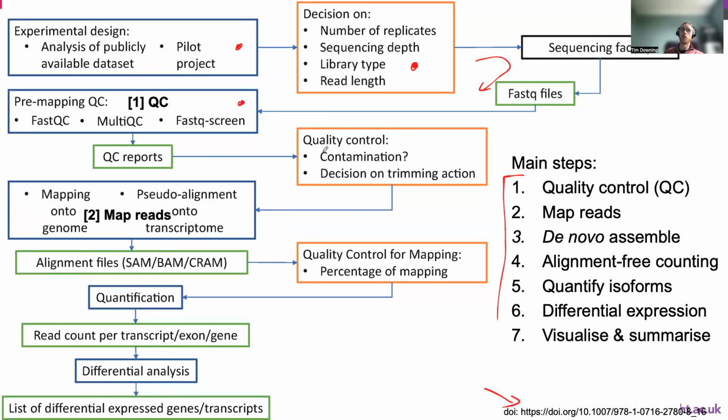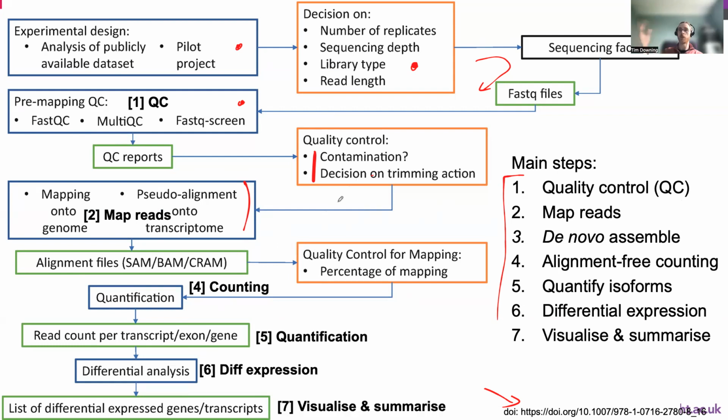We're then able to do mapping of the reads, assuming we have no contamination. Then we can move on to counting the reads, followed by quantification of the relative abundances, differential expression, and then finally the visualization and summarization at the end. So that's our approach, irrespective of what kind of tool we actually use.